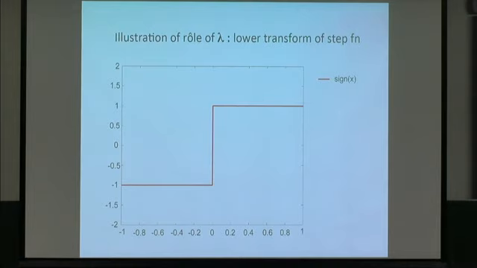So this is my original sine function. And here's a lower transform with lambda equal to 0.1. But as we increase lambda, it becomes closer and closer to the red function. This distance here is 1 over the square root of lambda.